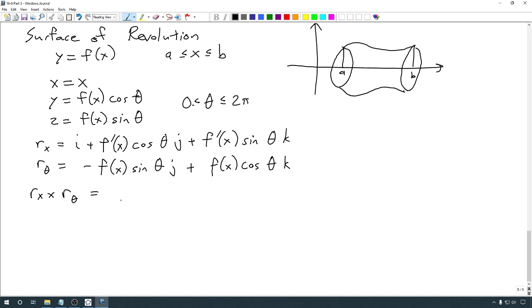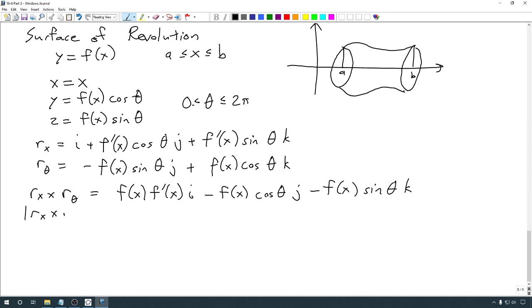But the end result gives f of x, f prime of x as your i component, a negative f of x cosine theta as your j component, and a negative f of x sine of theta as the k component. Which means when you take the magnitude of this, notice here that everything is times f of x, and we're going to assume here that f of x is a positive value, so we can go ahead and pull it out.